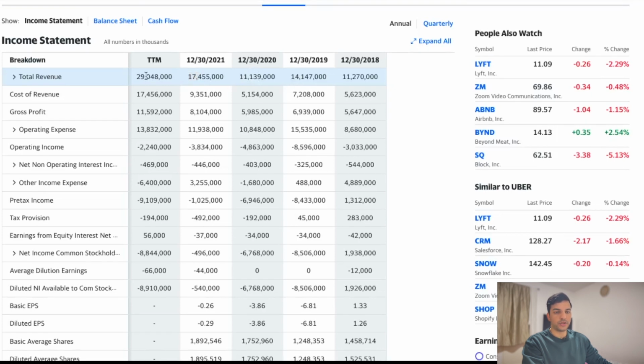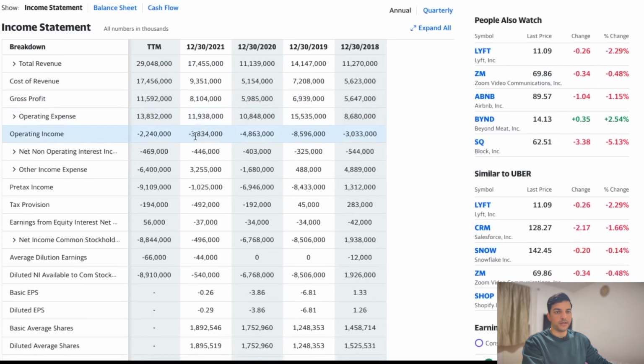And in the last 2022 trailing 12 months, you can see the revenue is 29 billion. They are generating gross profit margin, you can see, but at the end of the day, they are putting too much money into their operating expenses, and as you can see, they are losing money on their operation.